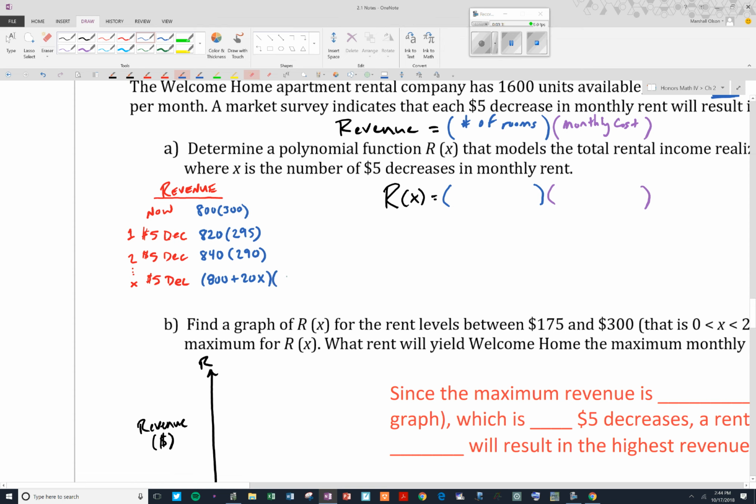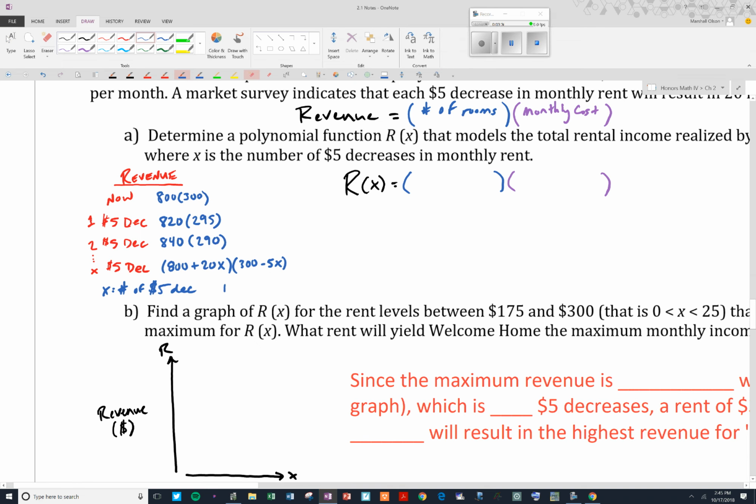The amount that we are charging per room was initially 300, but every time we do a $5 decrease, obviously that goes down by 5. So what we're saying here is x is the number of $5 decreases, and then we'll use R of x in our equation to represent the revenue.